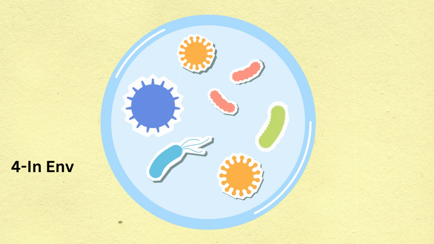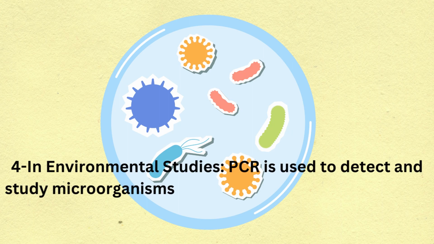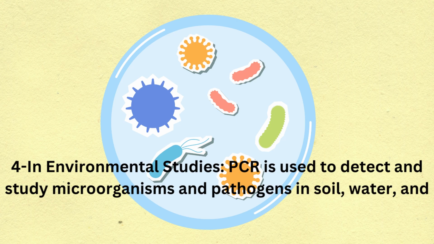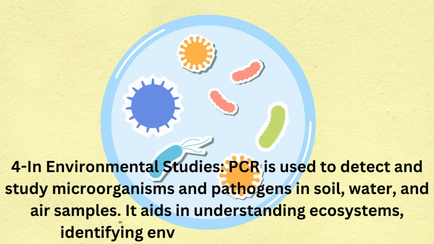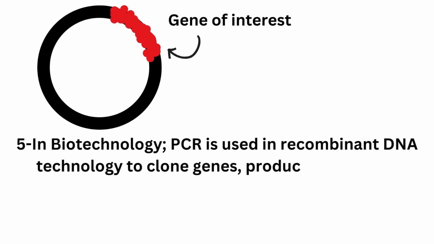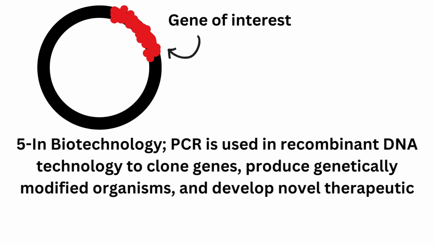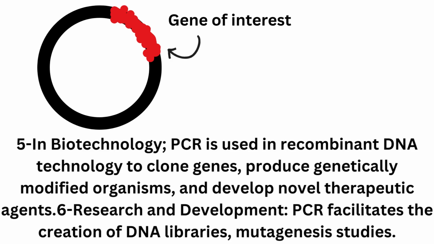4. In environmental studies, PCR is used to detect and study microorganisms and pathogens in soil, water, and air samples. It aids in understanding ecosystems, identifying environmental contaminants. 5. In biotechnology, PCR is used in recombinant DNA technology to clone genes, produce genetically modified organisms, and develop novel therapeutic agents. 6.